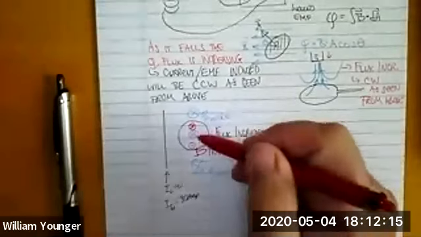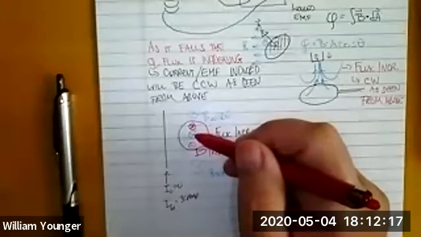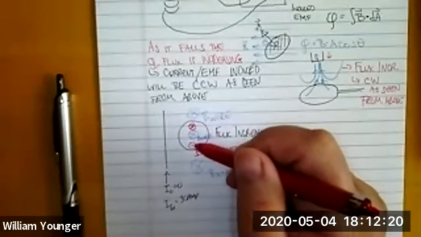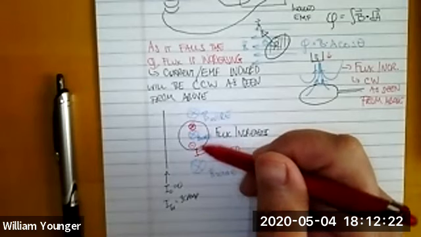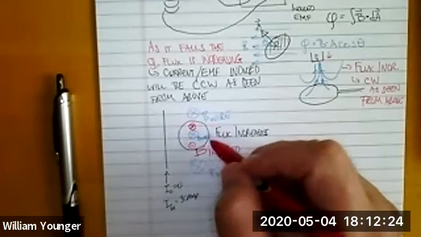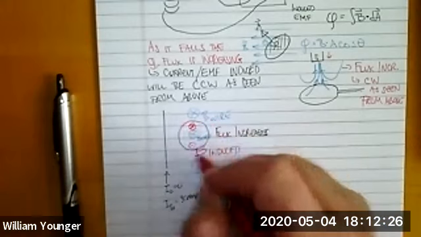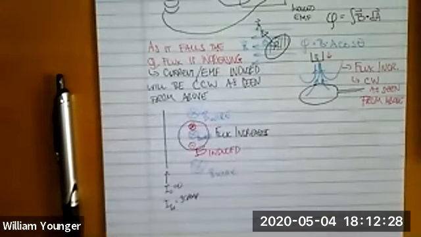So if I wanted the magnetic field at the center of this circle to be pointing out like this does, then which way does the current have to flow, clockwise or counterclockwise? Remember your right hand rule.